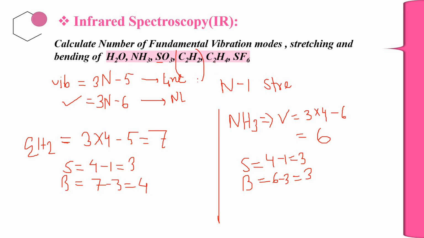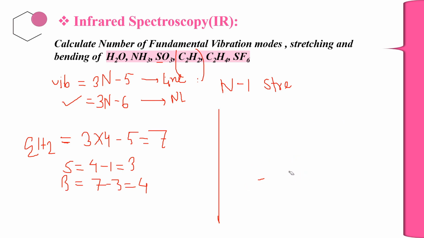Now there is the ethylene molecule. For the ethylene molecule C2H4, this is also a nonlinear molecule, and the number of atoms present here is 6.